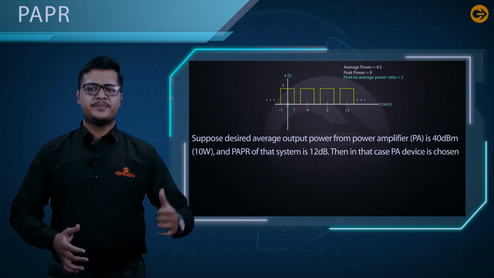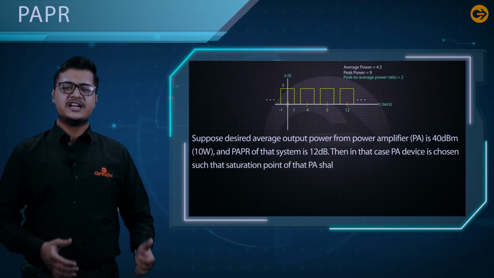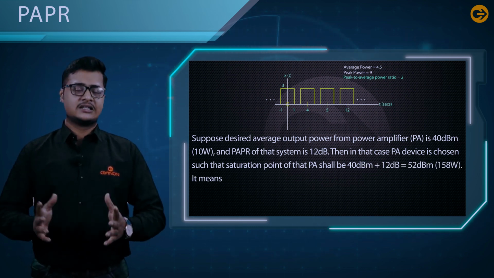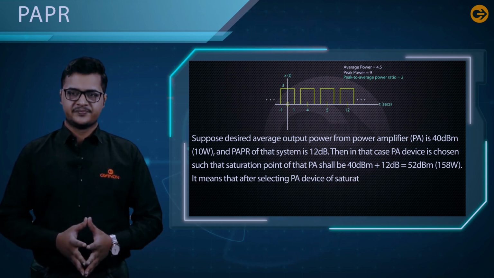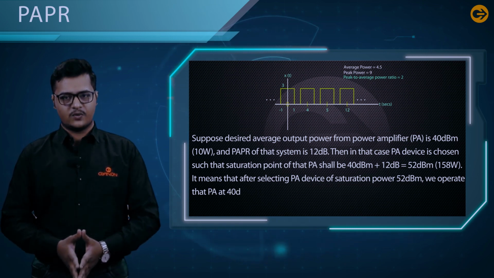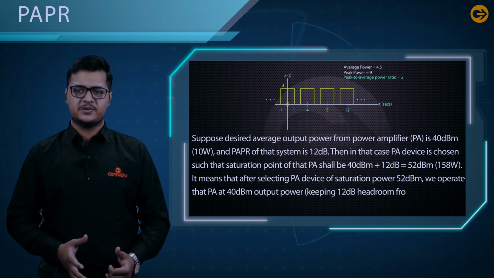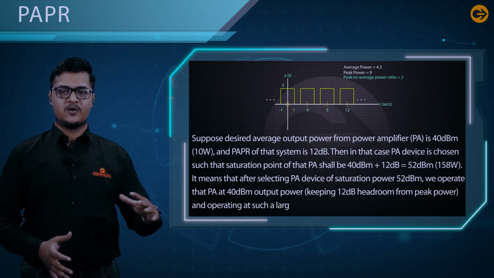Then in that case, the PA device is chosen such that the saturation point of that PA shall be 40 dBm plus 12 dB, that is equal to 52 dBm or 158 watts. It means that after selecting a PA device of saturation power 52 dBm, we operate the PA at 40 dBm output power, keeping 12 dB headroom for the peak power.